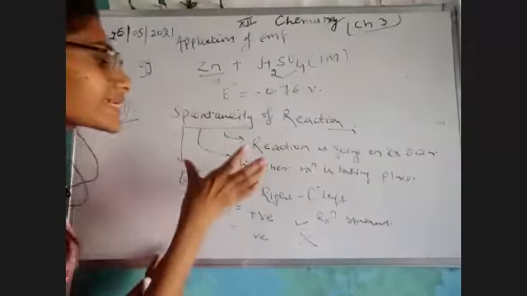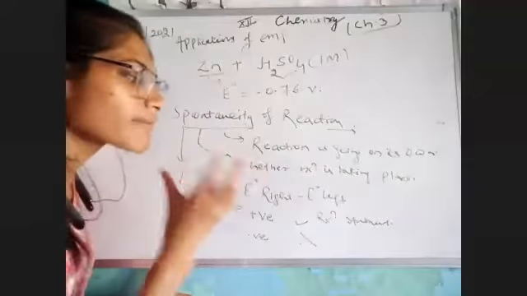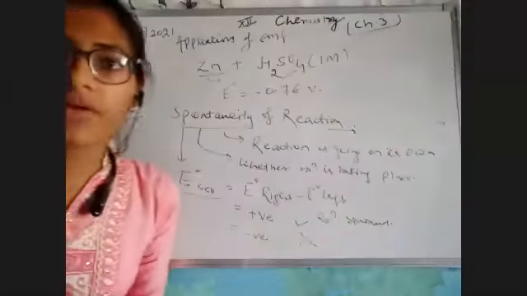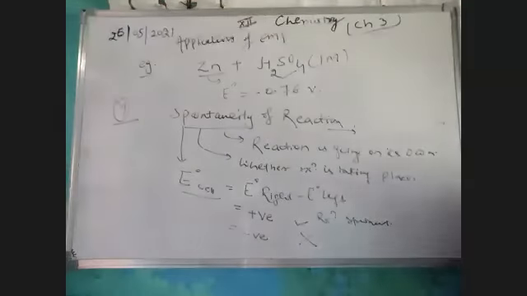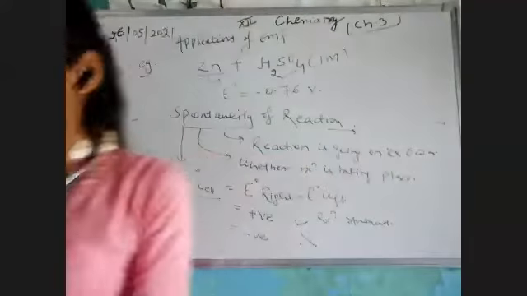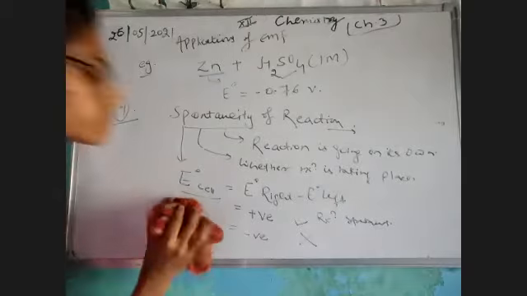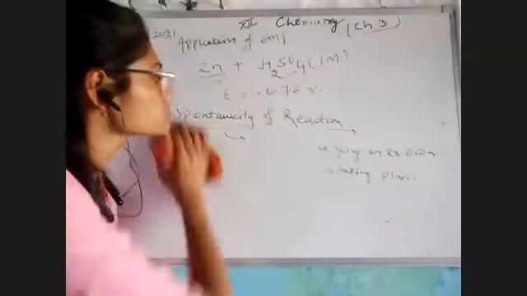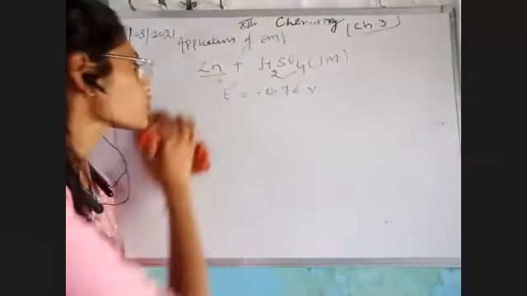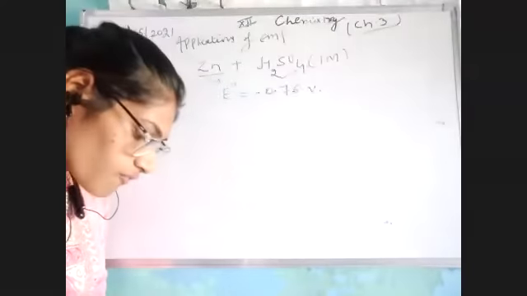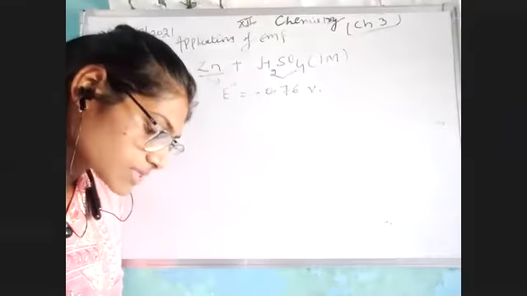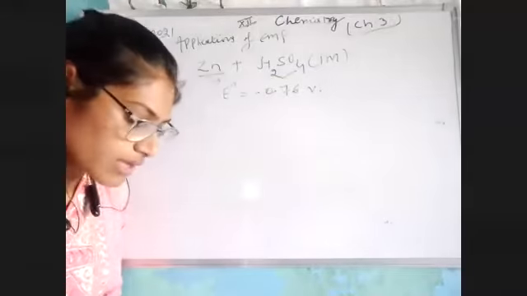Now, let's see this particular concept with the help of a simple question, which will clarify your concept more. Let's have a simple numerical. The question is also in your NCERT textbook. Can a solution of 1 molar copper sulfate be stored in a vessel made of nickel?